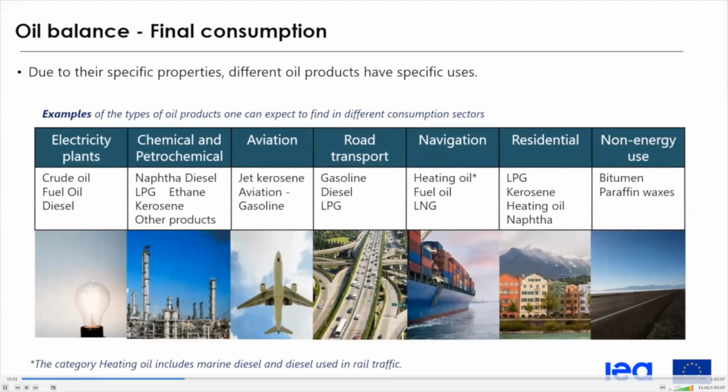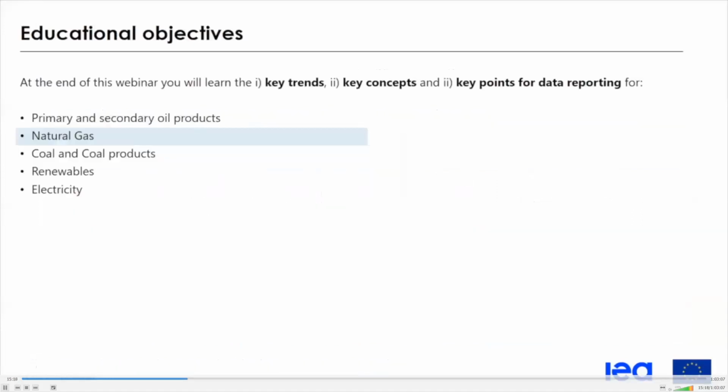This part we still record for accountability, and bitumen is mostly used, for example, in the creation of roads. This is the last part. This is the end of our discussion on oil products.